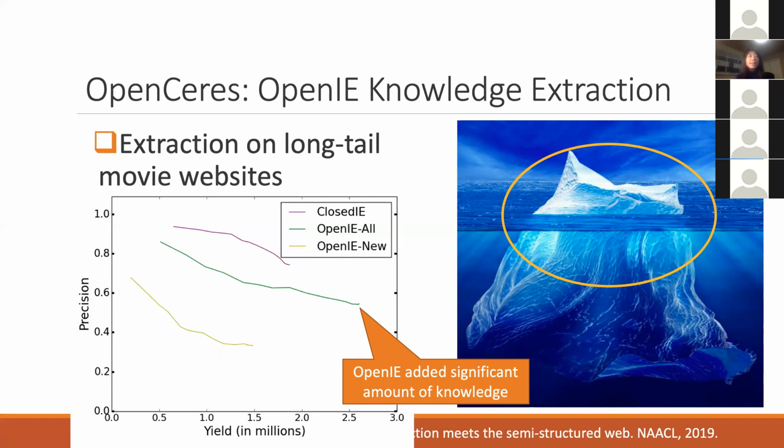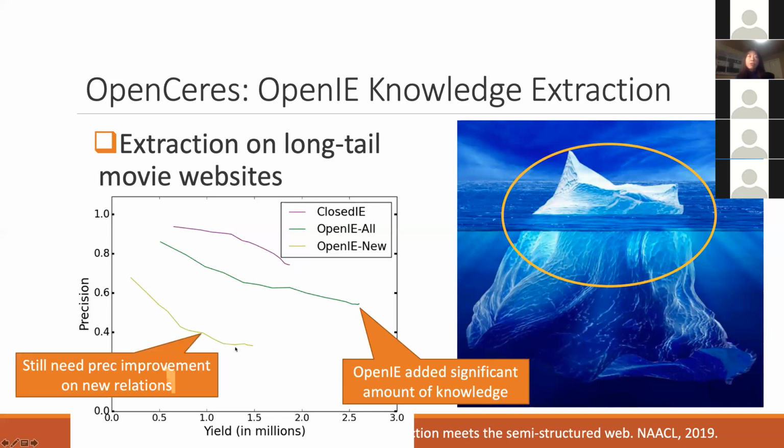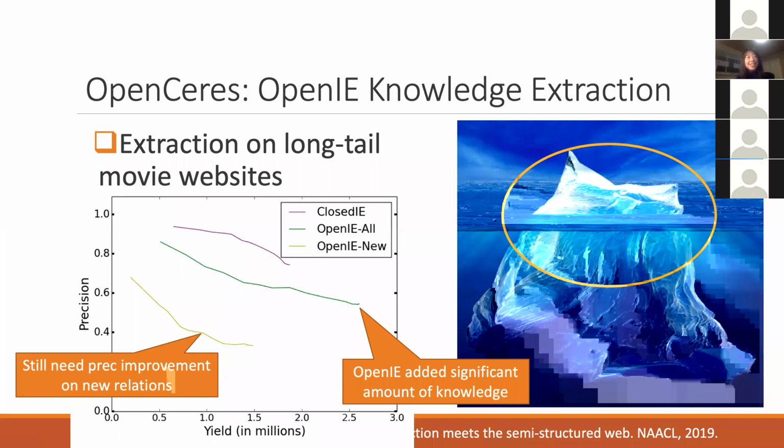But on the other hand, the quality is lower. And especially if we look at this line, these are the extractions for the new attributes. We see that the curve is still not in the best shape, and we still need to improve the precision.